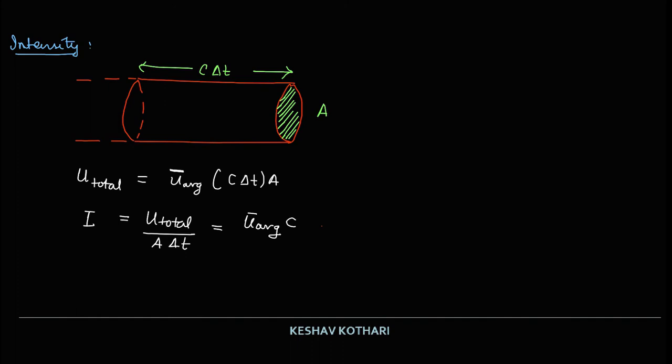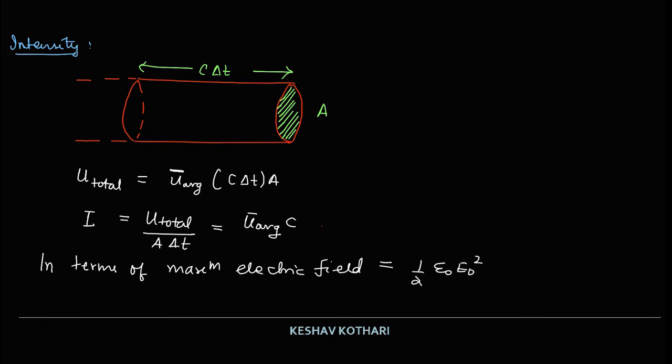And here we are writing only in terms of electric field. If you wish to write it in terms of magnetic field, you can surely do it. In terms of maximum electric field, we can put u average value as half of epsilon naught E naught square, and then multiply it by c.